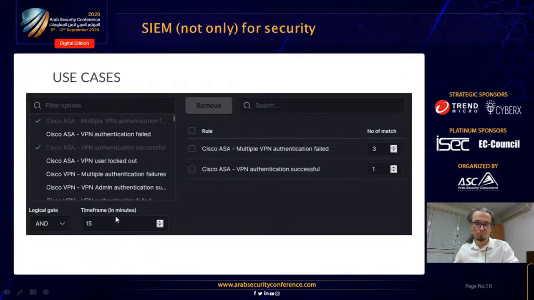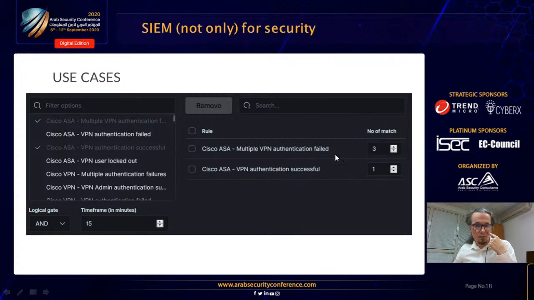so every country is measured and calculated individually in that alerting rule. And at the end of these use cases, we have a feature where we can look at triggered alarms and correlate them between each other. So here we are creating a new alert based on the triggered alerts. Here we are looking for multiple VPN authentication failed alerts and VPN authentication successful.